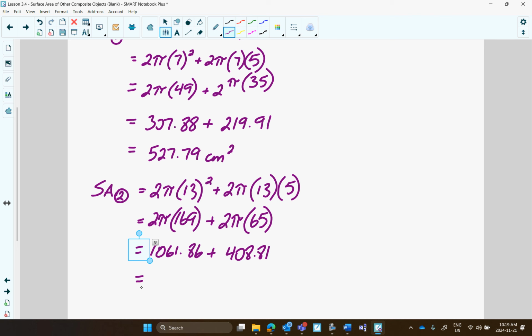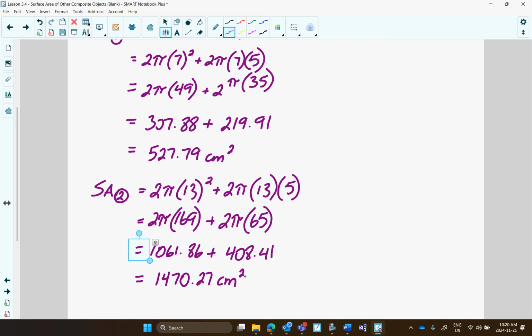Okay, let me double check mine. 2 times pi key times 65. Oh, 41, right? Yeah. Thank you. I'm wrong, you're right. 41. 1061.86 plus 408.41 gives you 1,470.27 centimeters squared.